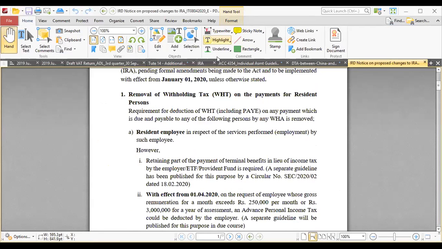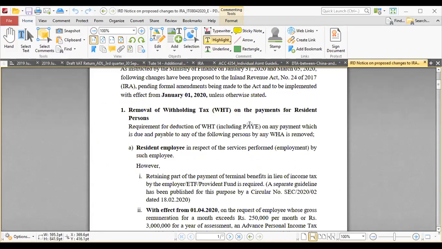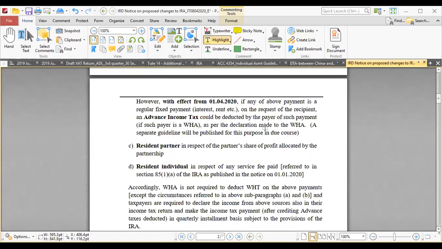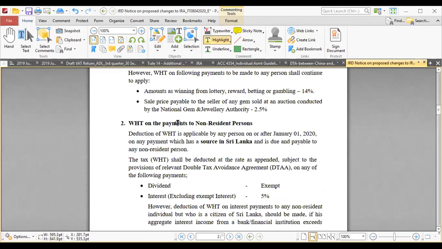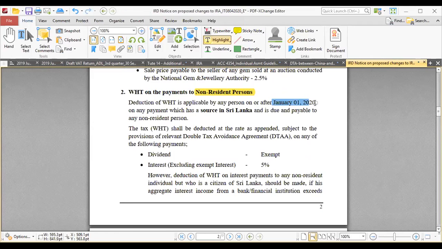Okay. Here you can see the dividend, removal of withholding tax in the case of non-resident, effective from 1st January 2020. Dividend is made exempt.